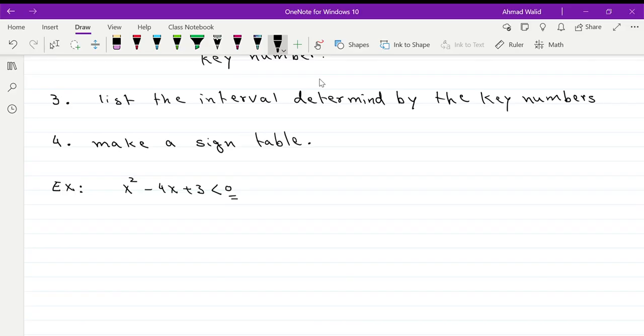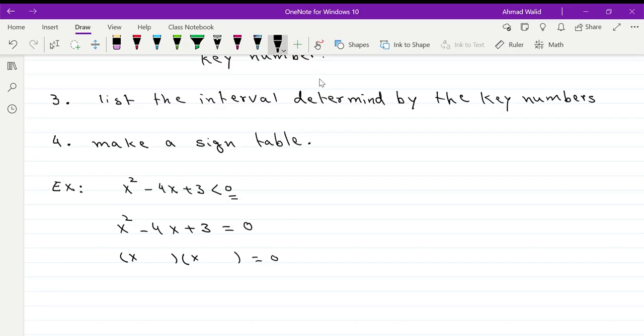To do that, we set our polynomial equal to 0. If we can factor, we factor. If not, definitely the quadratic formula, if it's a quadratic, correct? But usually you can factor them.